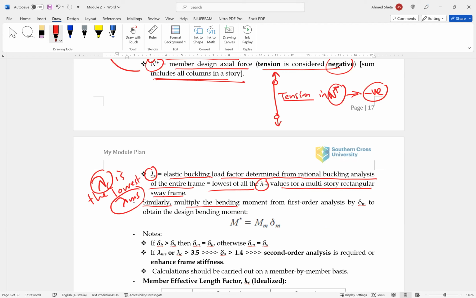Similarly, multiply the bending moment from first order analysis by delta M to obtain the design bending moment.